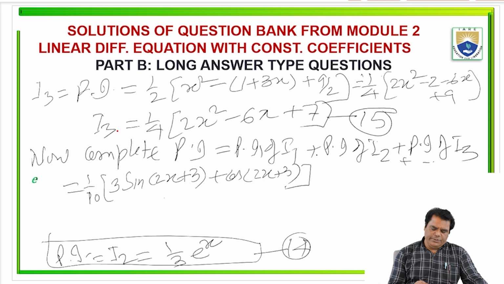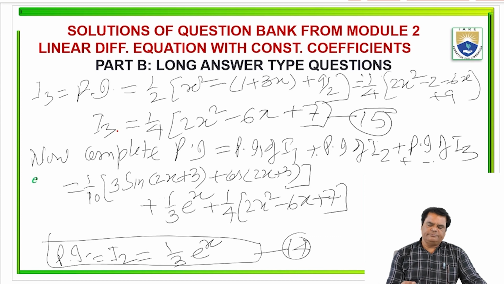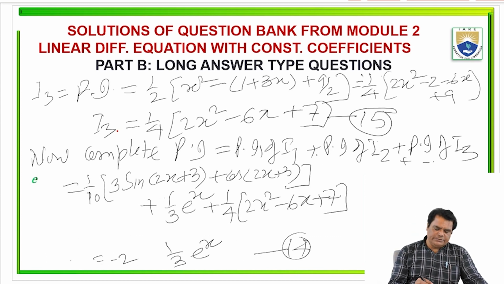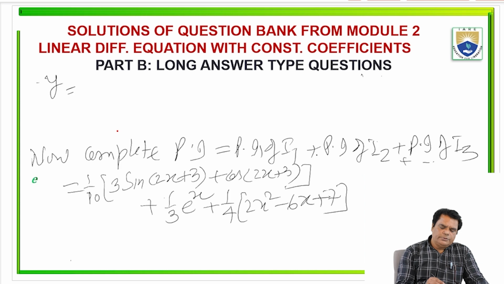What is I2? I2 is this plus 1 upon 3 e to the power x. I3 is equation 15. So 1 by 4, 2x square minus 6x plus 7. This is total PI. Now the complete solution is y is equal to CF plus PI.